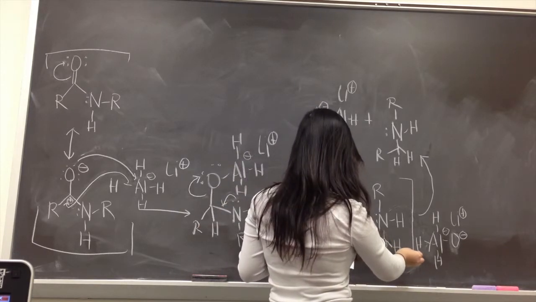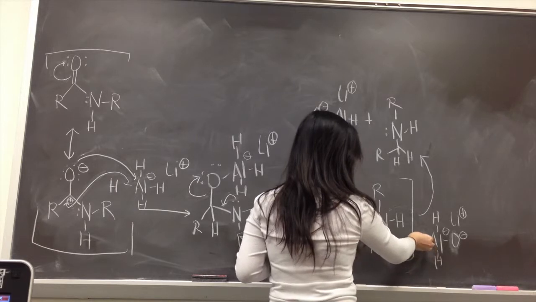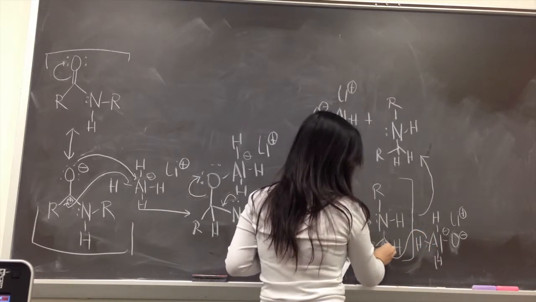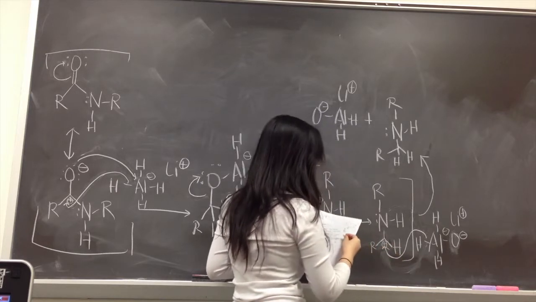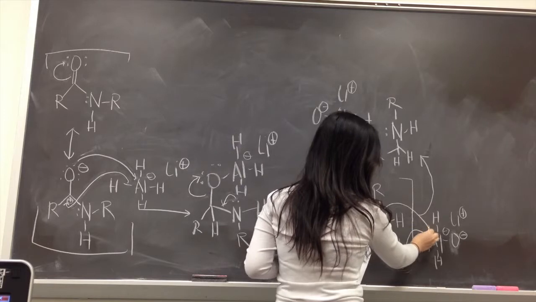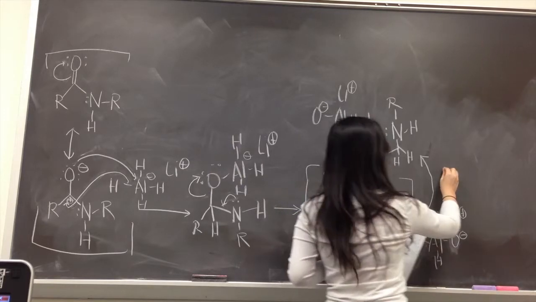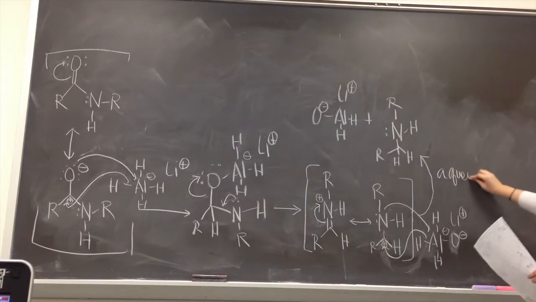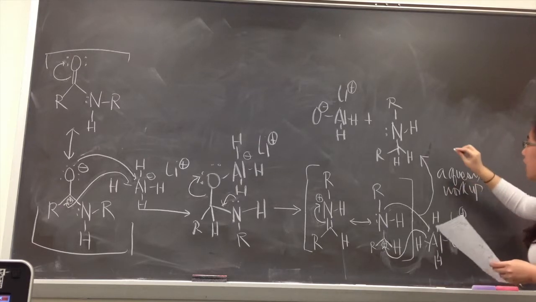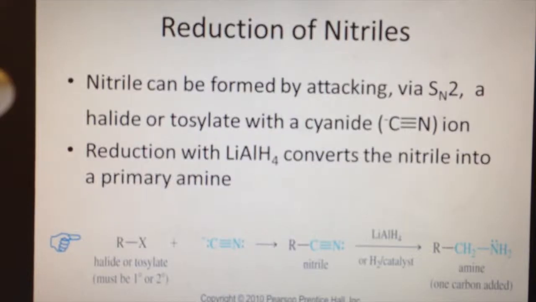Thus, an aluminum hydrogen bond can come and attach here to the carbocation, and the N can come and bind to the aluminum too. Then after aqueous workup, we get our final product.